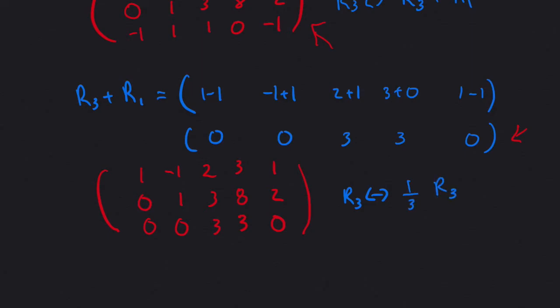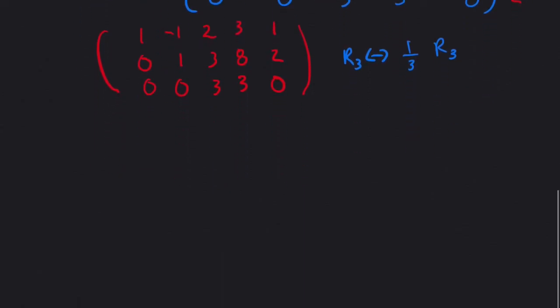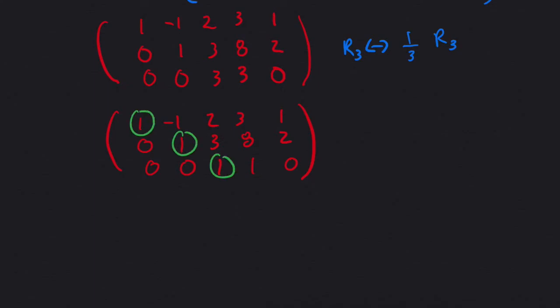If I multiply by 1/3, I will get rid of that 3 over there, which means that my echelon form will be 1, -1, 2, 3, 1, 0, 1, 3, 8, 2, 0, 0, 1, 1, 0. Notice that all my pivots are equal to 1.